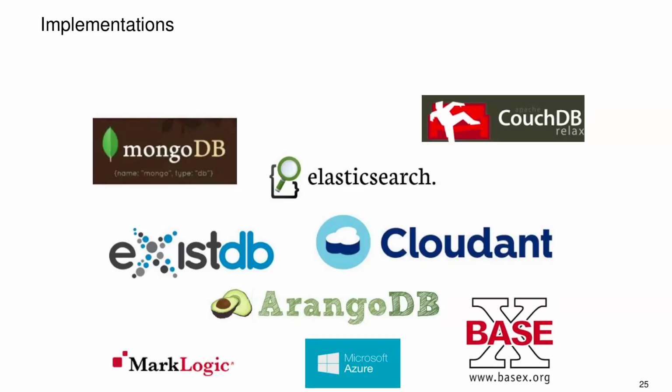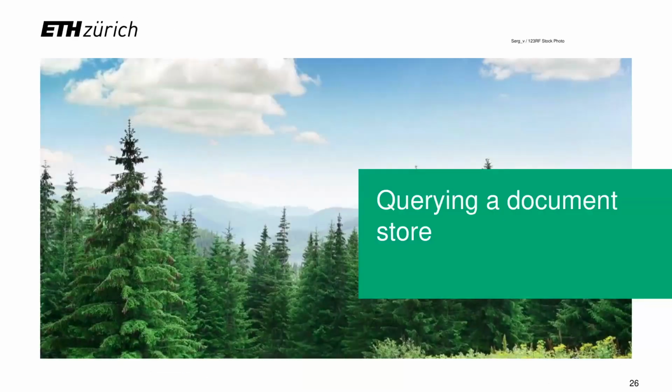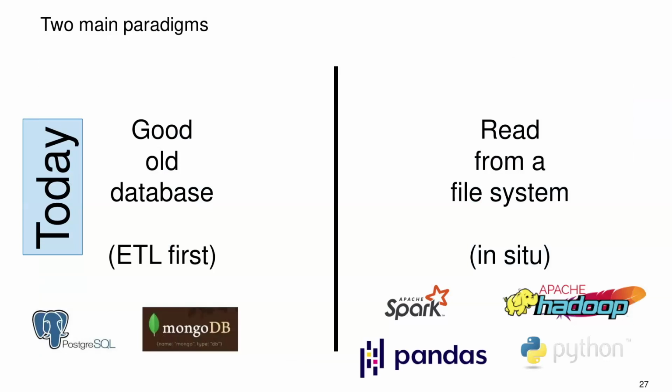They made it to a famous name with, I think, Obamacare, where they used MarkLogic for the first implementation of the system. All right, so there's plenty of them, but we are going to focus on just one, and that's MongoDB today. But you will see if you learn one, then all the others are actually very easy to also learn. So we are going to focus on how to query MongoDB.